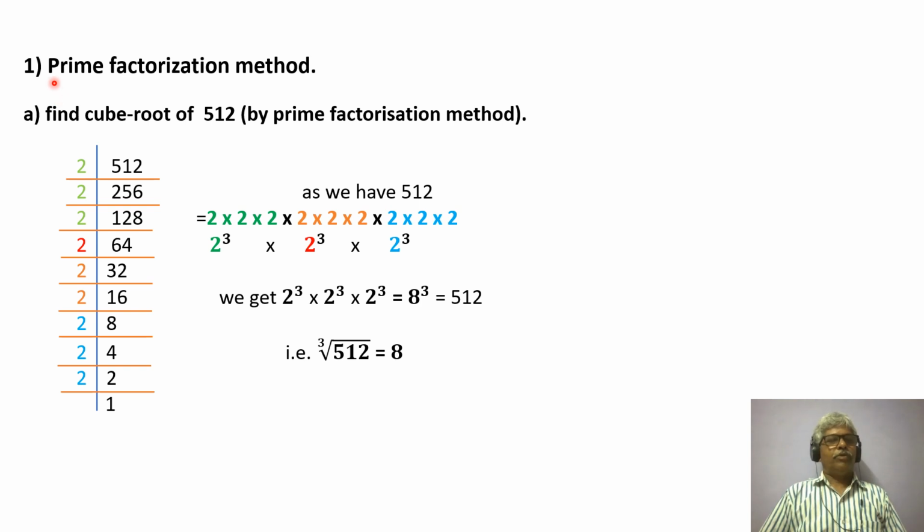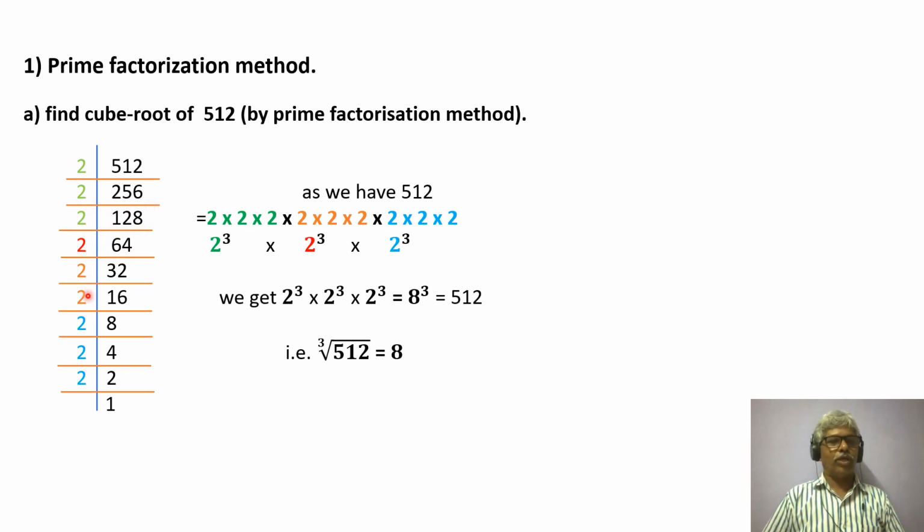First method, prime factorization method. Very simple method. Find cube root of 512 by prime factorization method. We directly take an example and then see what the method is. You have to find the prime factors of this. 512 divided by 2 is 256, divided by 2 is 128, divided by 2 is 64.